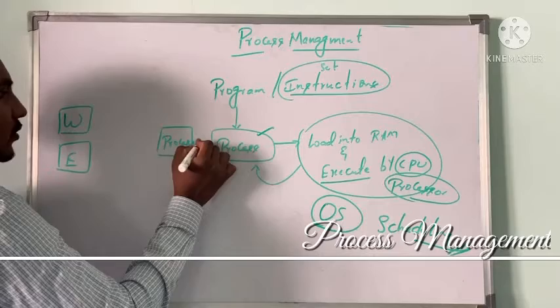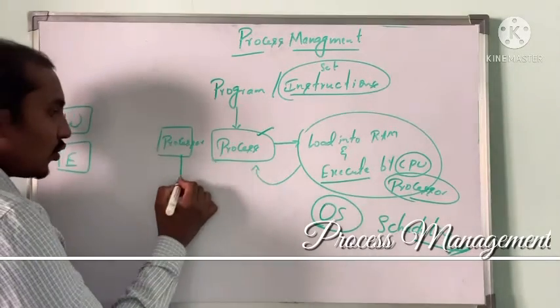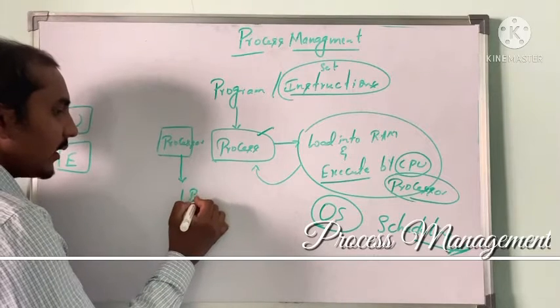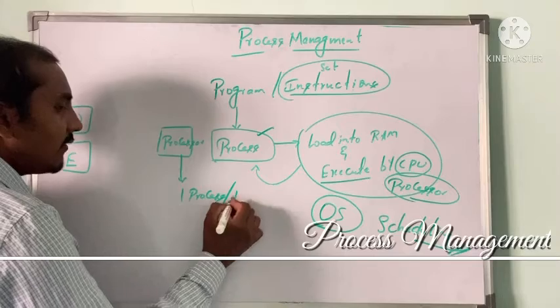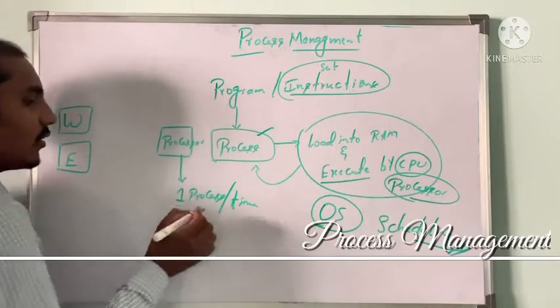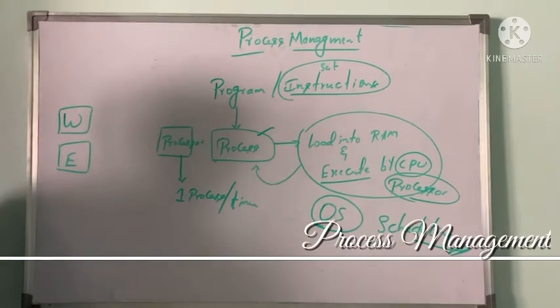You should remember that a processor can execute only one process at a time. It cannot execute two programs or two processes at a time.